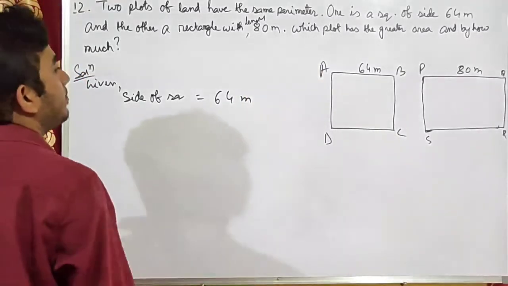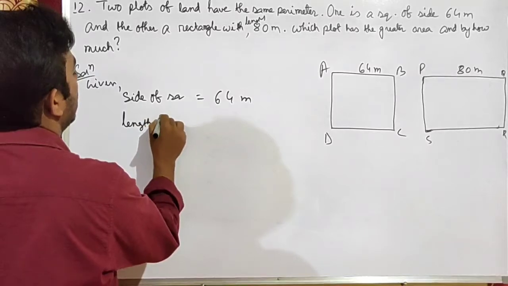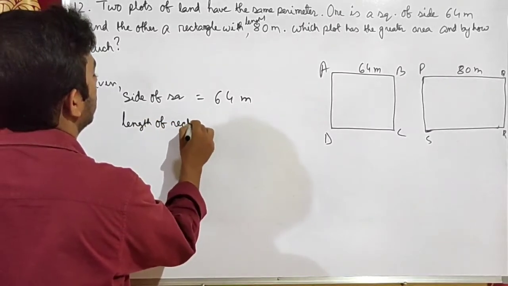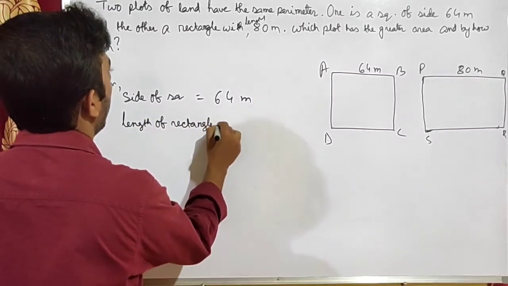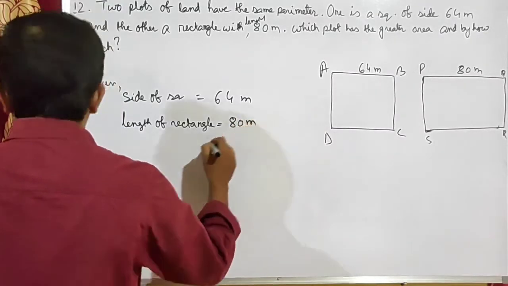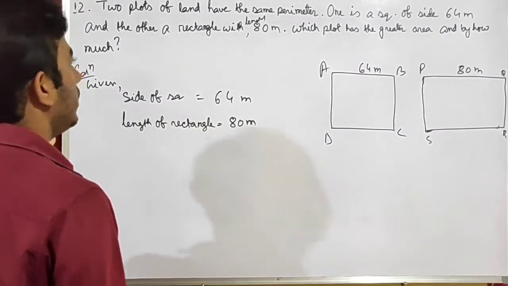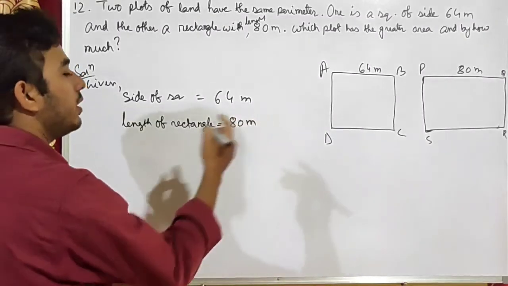Then length of rectangle equals 80 meter.